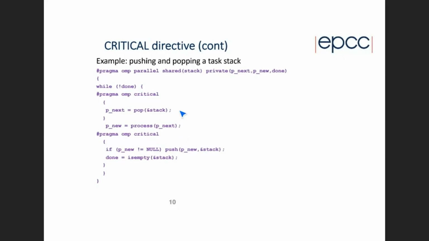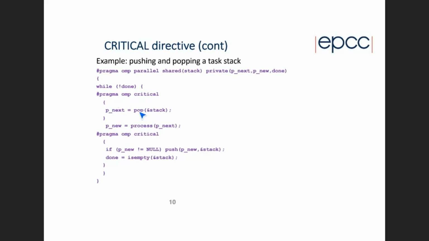This time, instead of just a single access to the list, we've now got two places where the stack is being accessed. There's the pop call here, and there's the push call down here. So I want to protect both of those, and OpenMP critical regions do exactly what I want here.